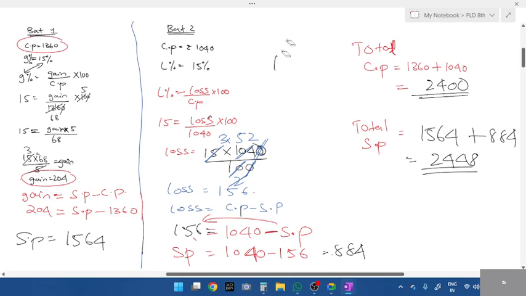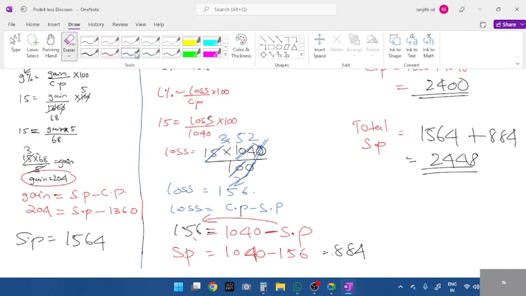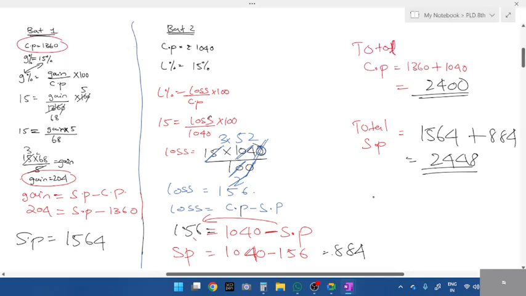Is it a profit or loss? Yes, profit or loss, students. Are you selling it for more or less?